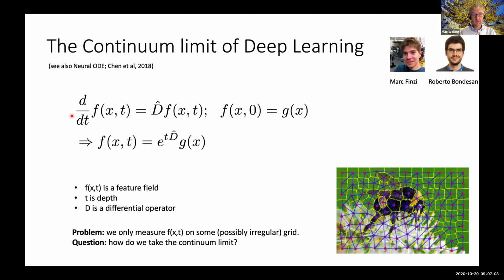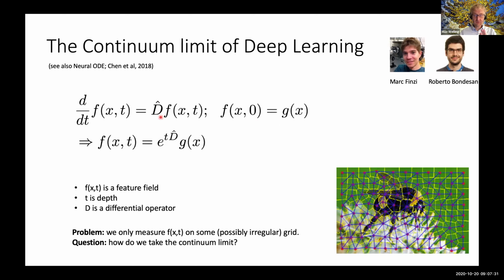And then the time evolution into the hidden layers of the neural net is given by some spatial operator D acting on that function f. And of course, we have initial boundary conditions, which is the function at the bottom, where the data is input to the function, given by some image g.